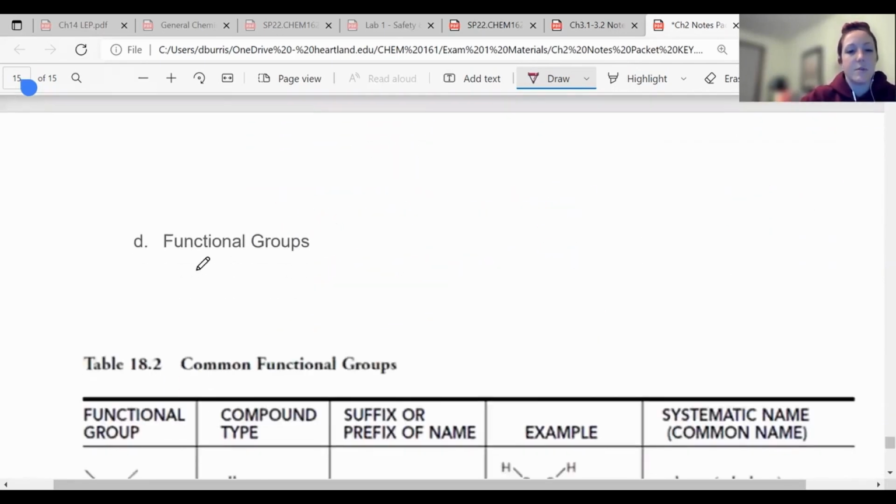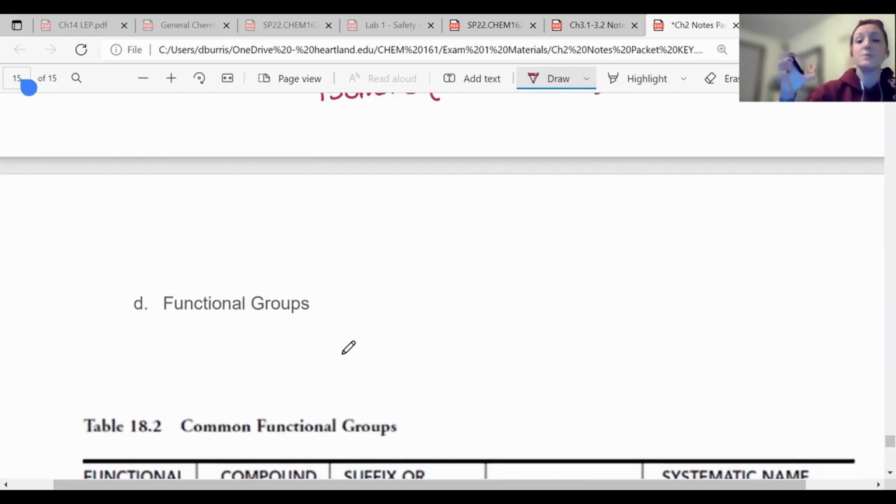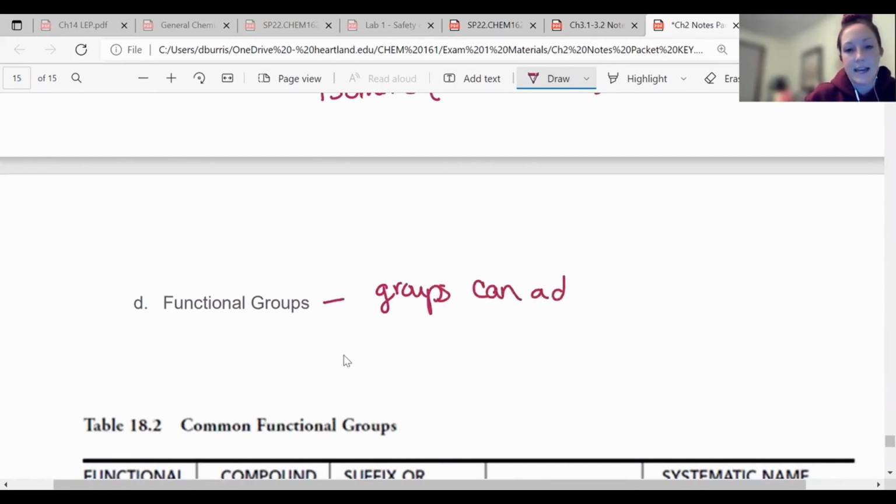All right, so those are some of the main types. The last thing I want to talk about are functional groups. And that's groups that are put onto hydrocarbons to make them have other functions, do other things. I say different functions because the name is functional group, but really what I mean is they react differently. So groups can add reactivity. You could add a carbon group because these aren't listed on this chart under here.